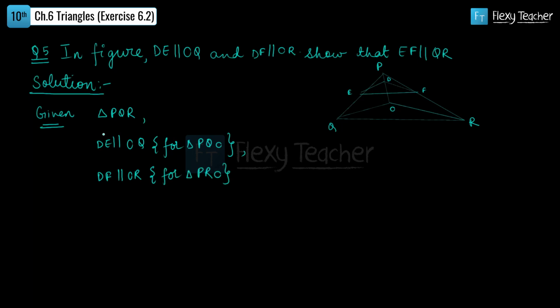Okay, so हमारे पास ये तीन चीजें हैं, triangle PQR, second DE is parallel to OQ which belongs to triangle PQO, and DF is parallel to OR which belongs to triangle PRO. Okay, now let us prove that EF is parallel to QR.